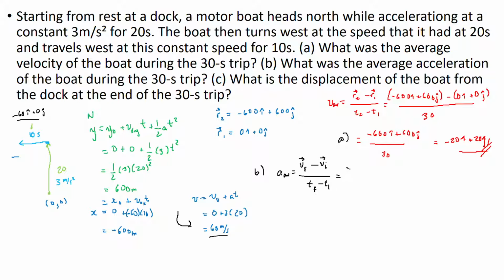This is minus 60 I plus 0 J over 30, minus 0 I plus 0 J. This is nothing more than minus 2 I plus, oh, let me erase that.